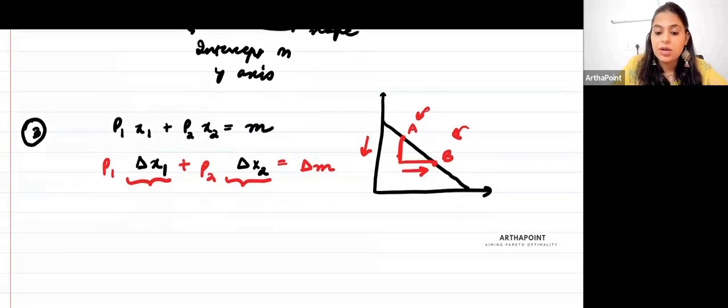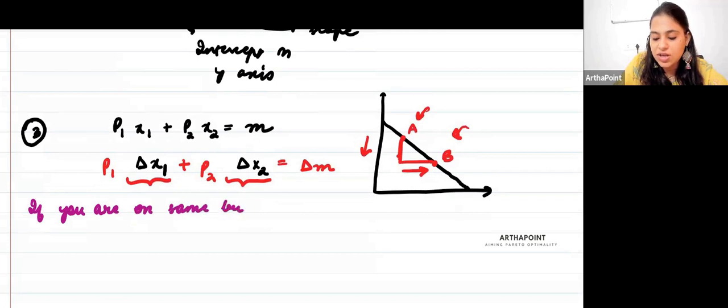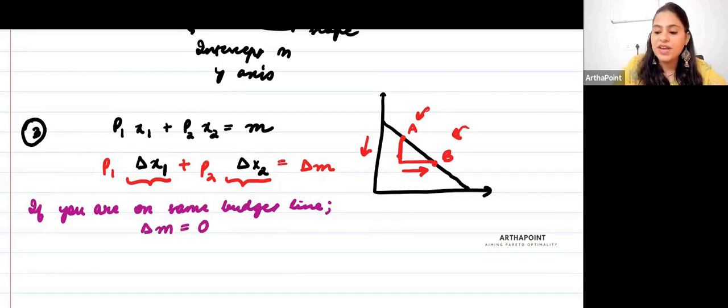And here also I have change in income. But if you are on the same budget line, what will happen to change in M? That would be 0. When I go from point A to point B, I am on the same budget line. If I am on the same budget line, my income is not changing.